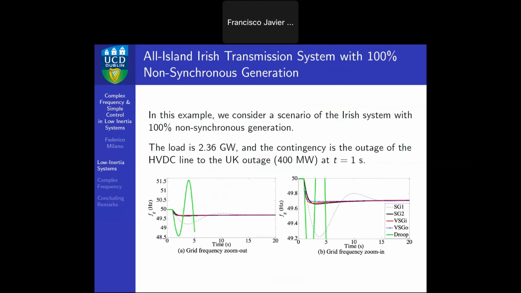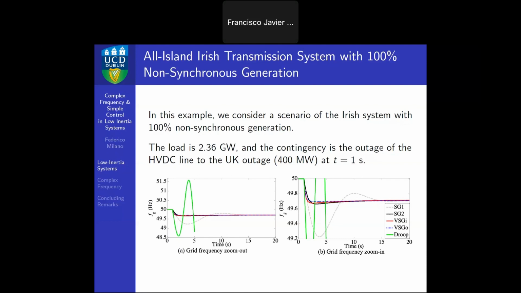but in the simulation we tried to make 100% non-synchronous generation, okay? It is, of course, just a theoretical scenario now, because it's not allowed in the system. And we used different approaches. With the synchronous machines, it was stable. We knew that. Then we tried different kinds of converter controllers: virtual synchronous generation, where I and O indicate whether the signal was inner or outer, just a detail on where we put the controller in the converter of the virtual synchronous generator, and then the classical droop control.